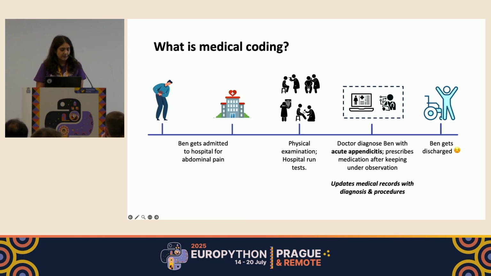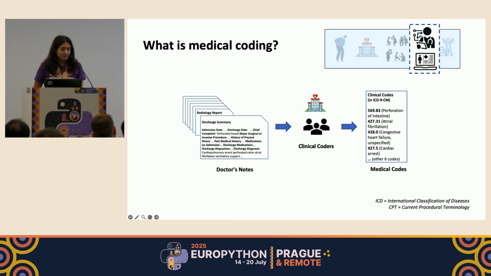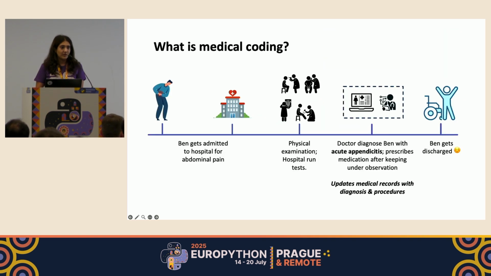They also prescribe some medications after keeping him under observation for a few days. What happens here is that they update his medical records with diagnosis and procedures, whatever was done in the hospital during his entire duration of stay. After a few days, hopefully Ben gets discharged and he is back home happy and healthy. So this is essentially what happens when a patient visits a hospital and comes back home.